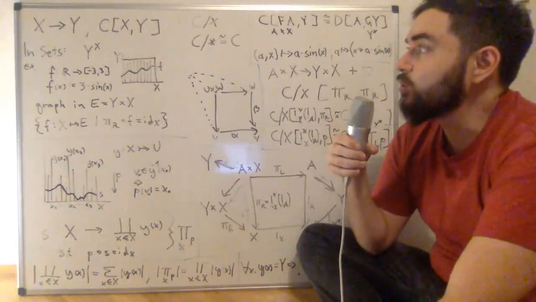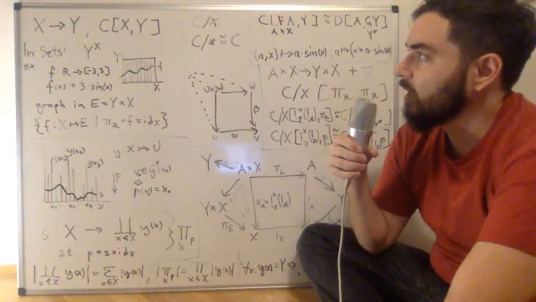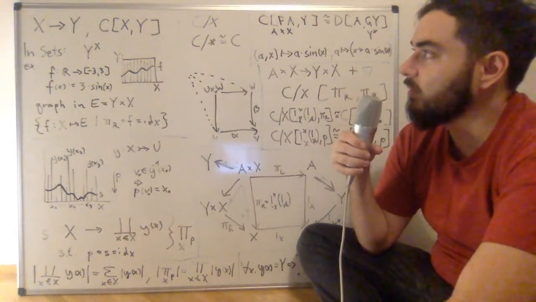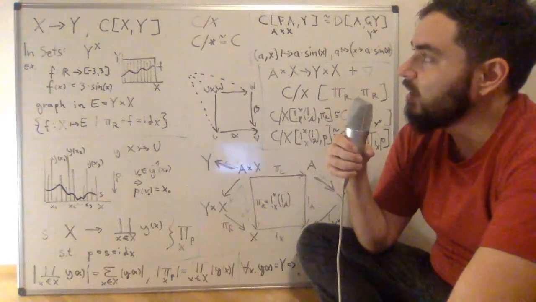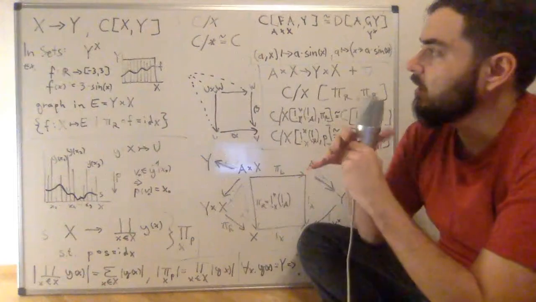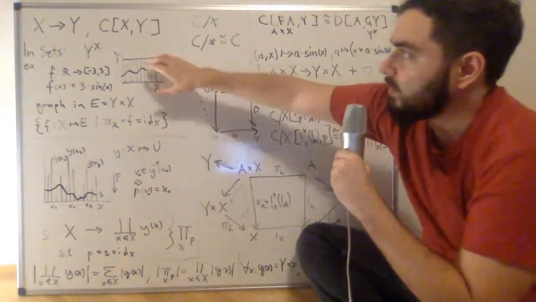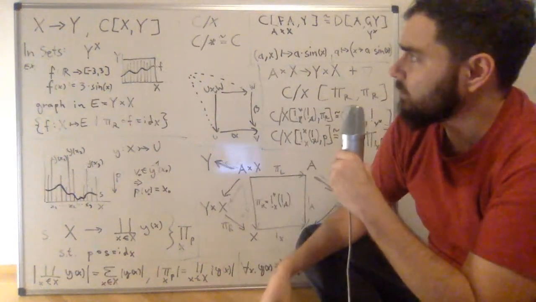Firstly, I will describe the situation as we have it in Set and then generalize from that. So we have some functions, for example, from X to Y. In general, this will then be arrows. I will in this video denote the classes of arrows by C for the category and then this bracket.